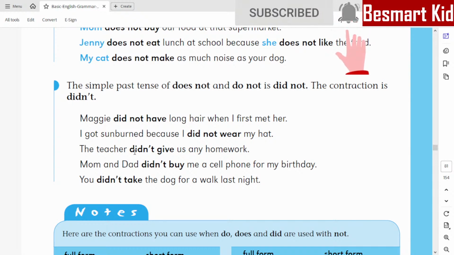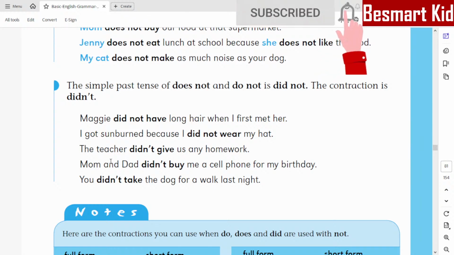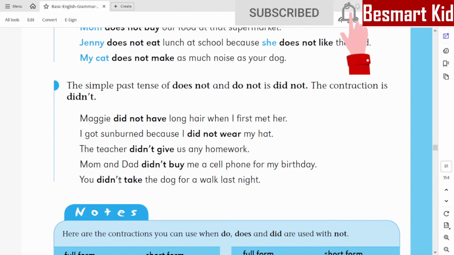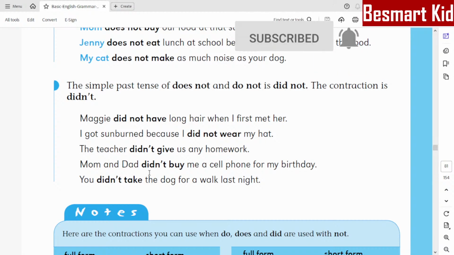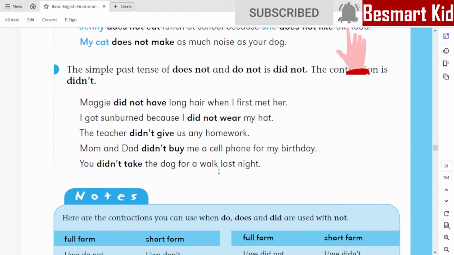The teacher didn't give us any homework. Mom and Dad didn't buy me a cell phone for my birthday. You didn't take the dogs for a walk last night.